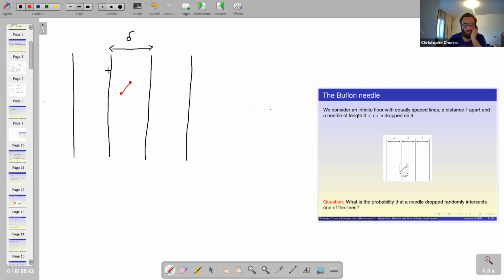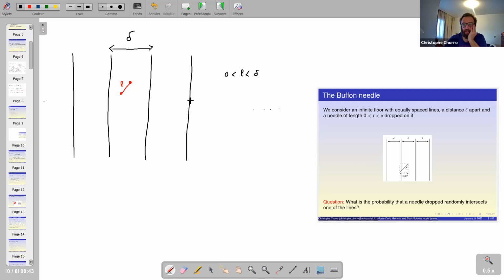Okay, with a length small l here. My hypothesis is that L is strictly less than delta, strictly greater than 0.